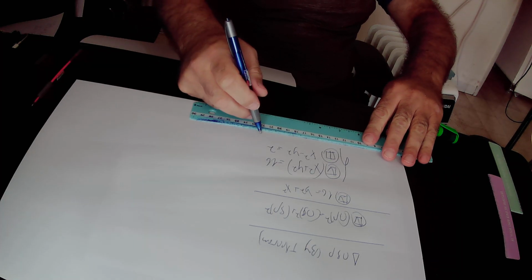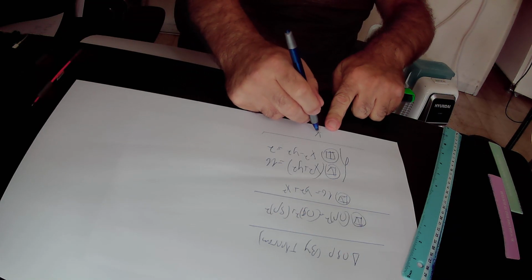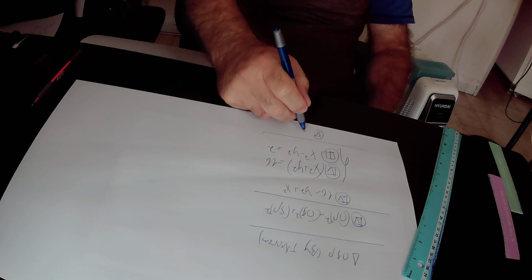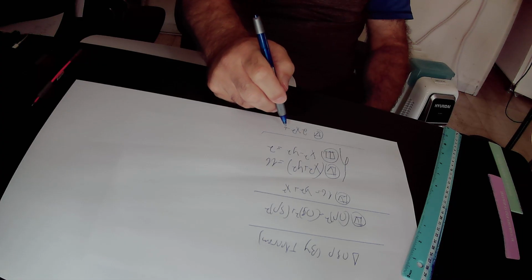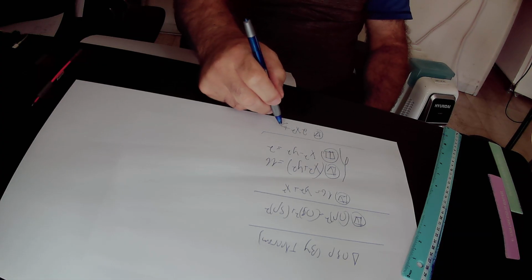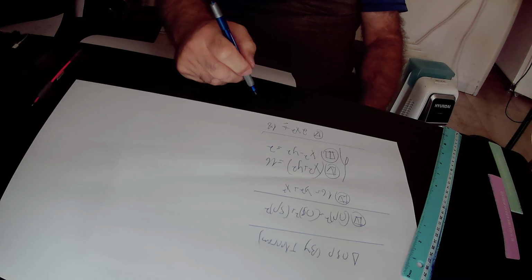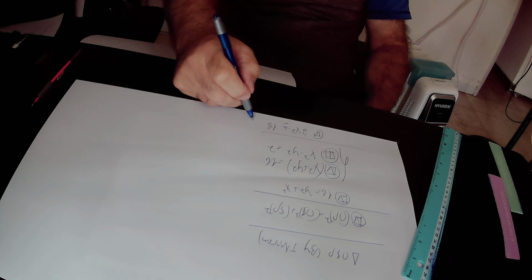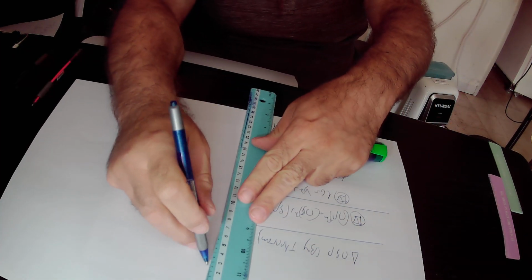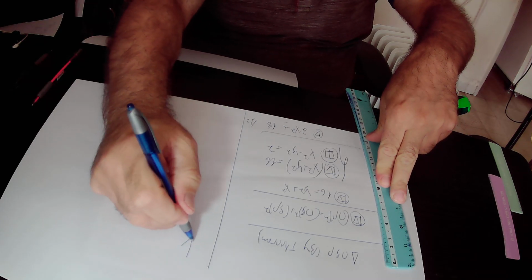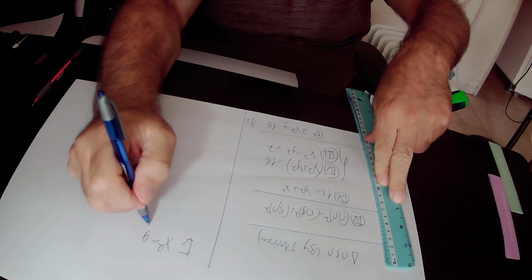We add equation 4 and equation 3 and get equation 5: x squared plus x squared is 2x squared, y squared minus y squared is 0, and it equals 16 plus 2, which is 18. So 2x squared equals 18. Here we divide this equation by 2 and finally get, according to equation 5, x squared equals 18 over 2, which is 9. So x squared equals 9.